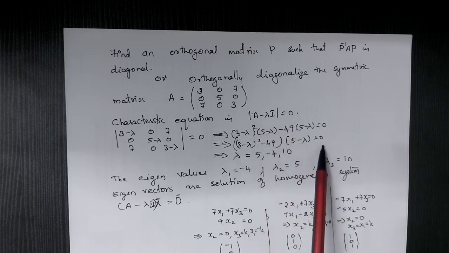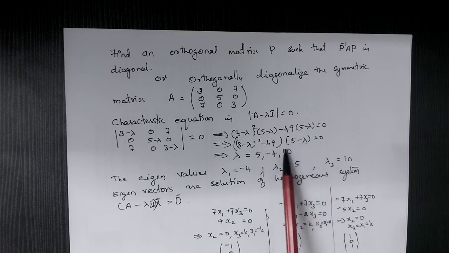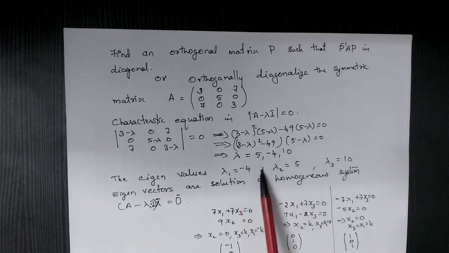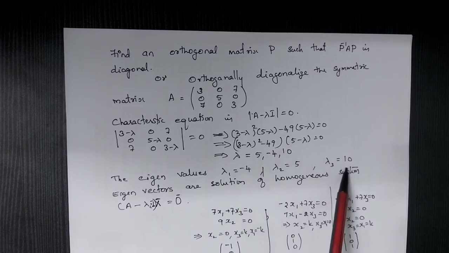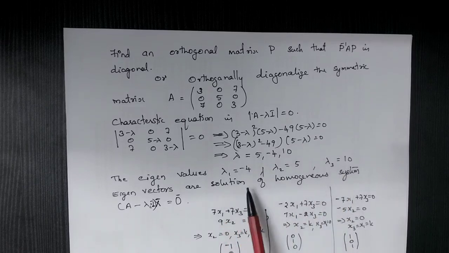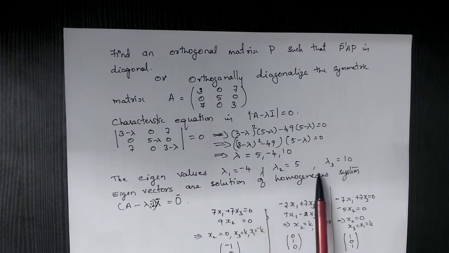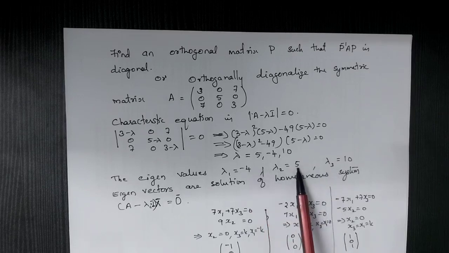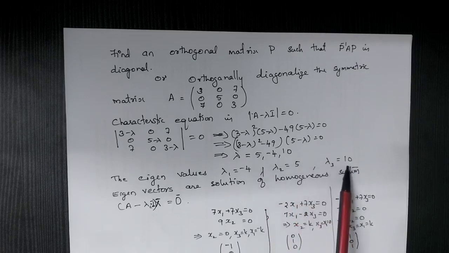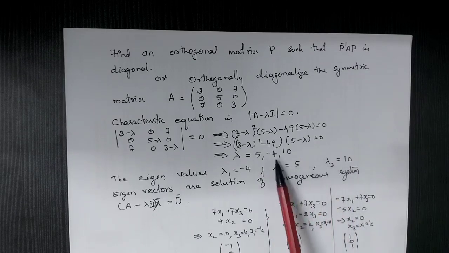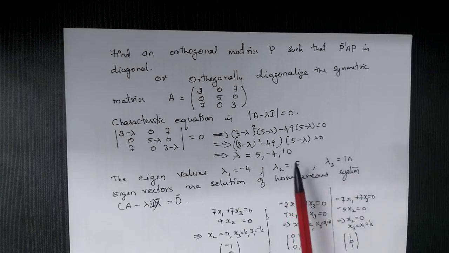We'll get it as thus. When you solve the characteristic equation, we get the lambda values, and these lambda values are the eigenvalues. And we'll find out the eigenvectors corresponding to each eigenvalue. Here the eigenvalues are all distinct. So, it is possible to diagonalize the given matrix.